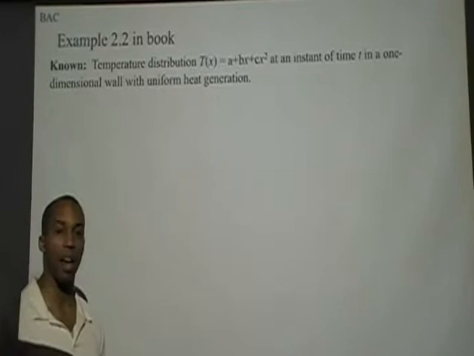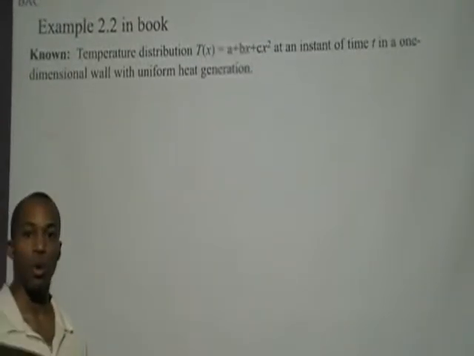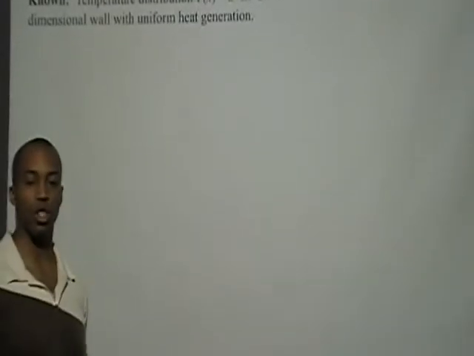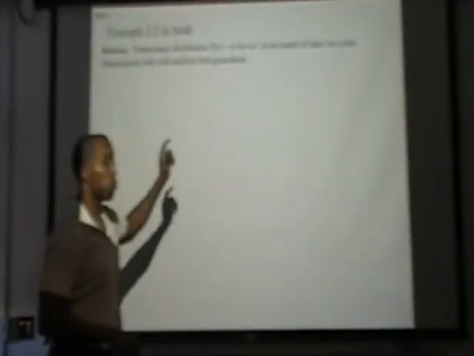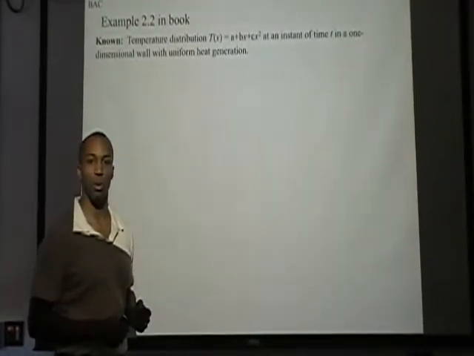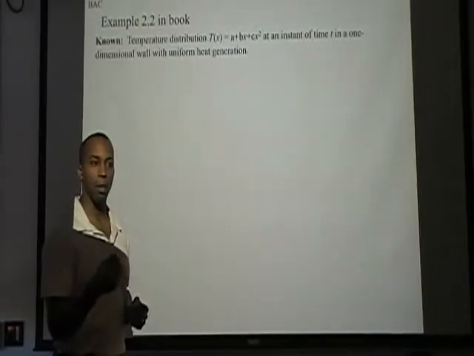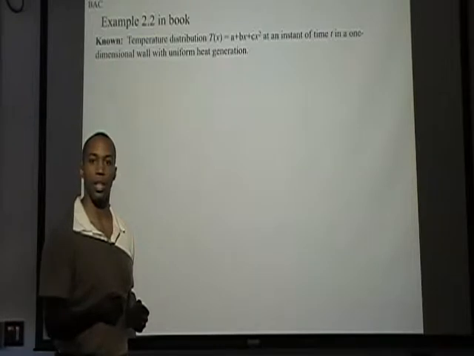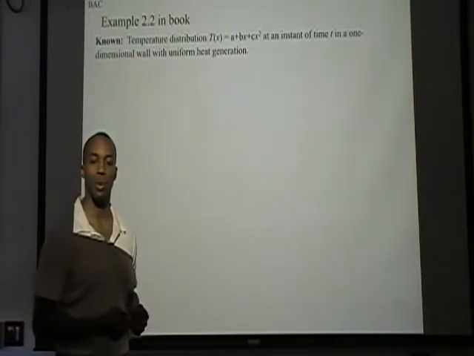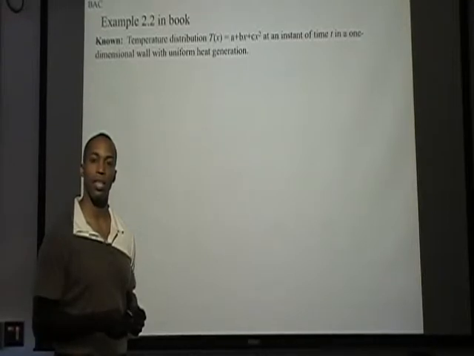Now I'm telling you right now at the beginning, when it comes to the heat equation, there's two types of problems that you can have. You can have one where the temperature profile is known. And the problem-solving methodology includes taking that temperature profile and plugging it into the heat equation where appropriate to get desired quantities.